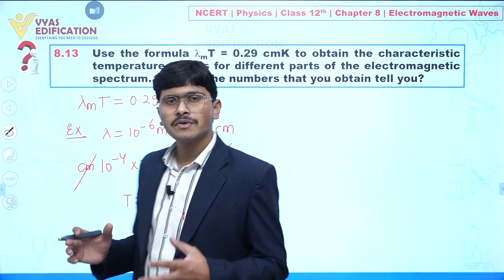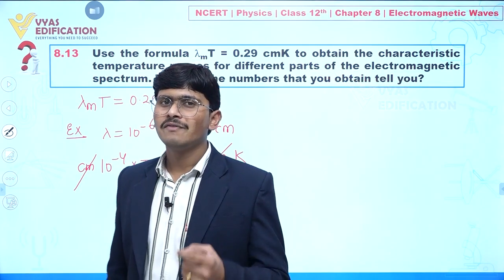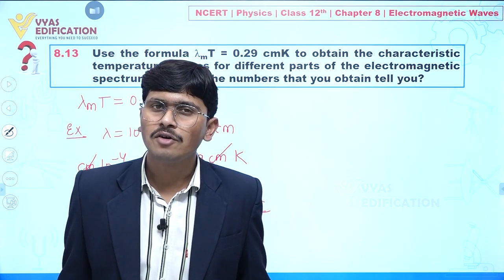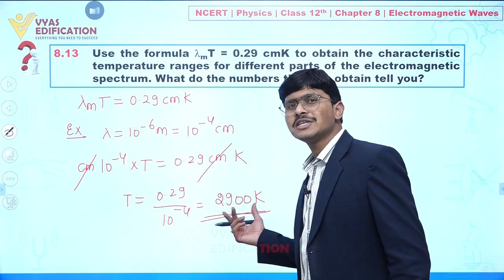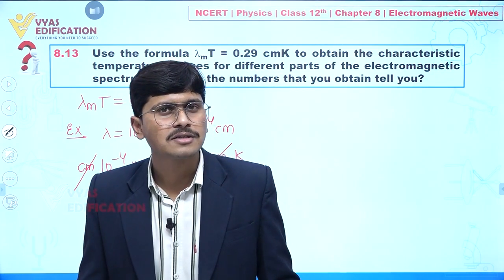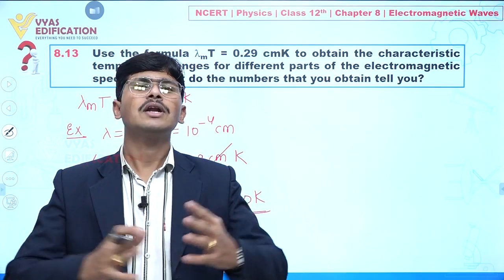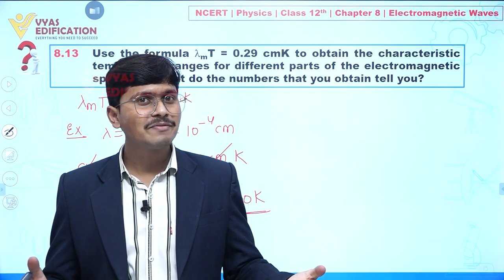So what information are we getting? Let's suppose we want to find an electromagnetic wave of a particular wavelength. For that, what is the temperature required, that we can find from this relation. It means if we know the range of wavelength for a particular electromagnetic spectrum, can we calculate the temperature range for them? Yes.